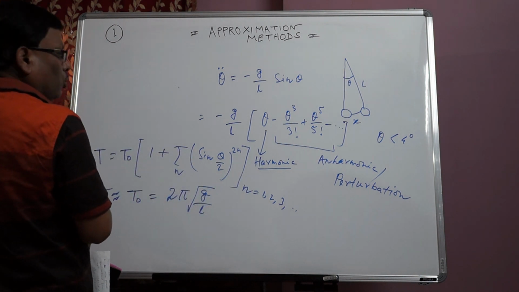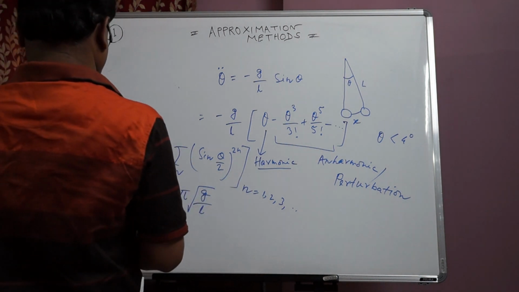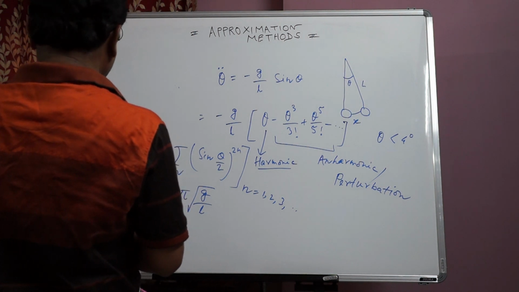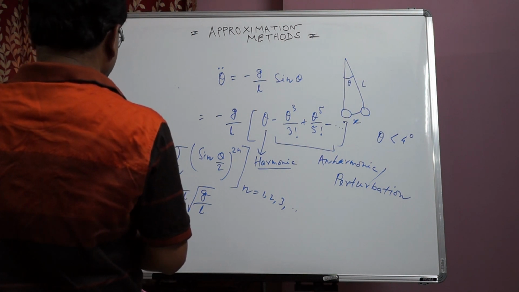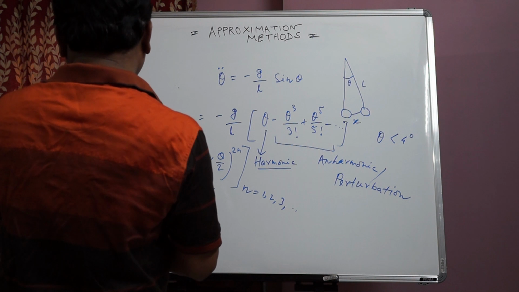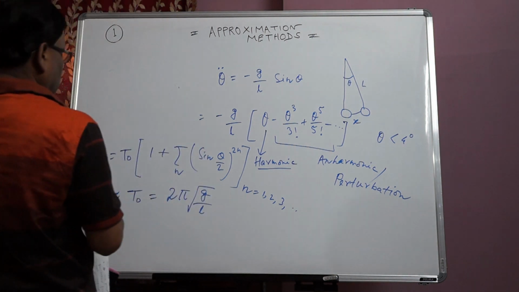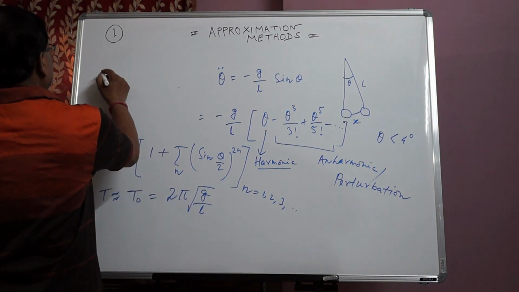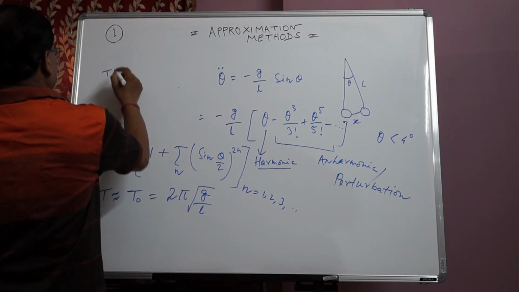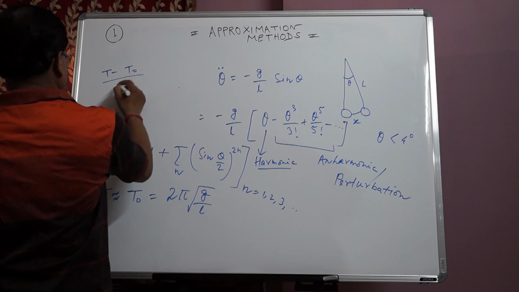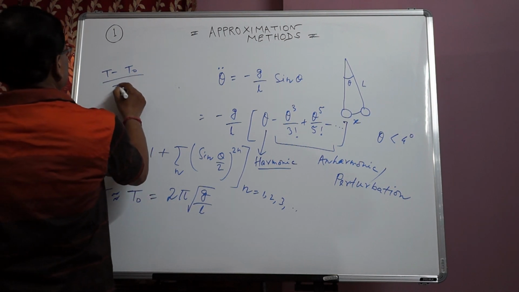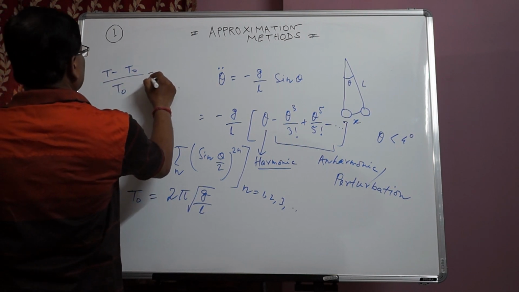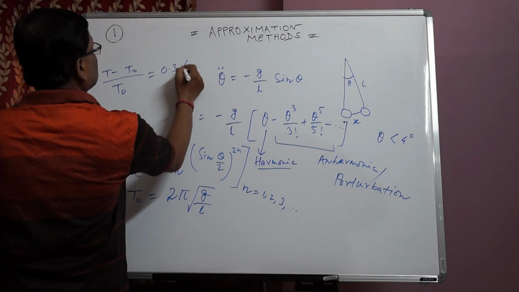So when theta is less than 4 degree, what is the error or percentage if we do not consider the full expression? If you calculate, we see that (T minus T0) by T0 is only 0.3%.